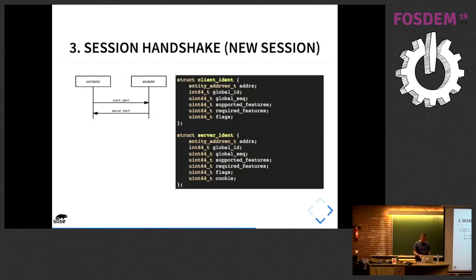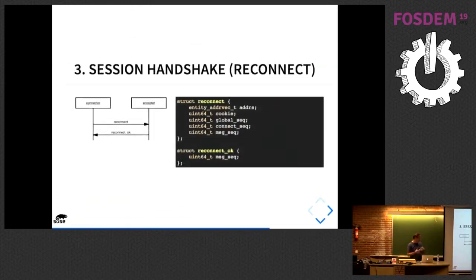And there's also the other case, which is when some peer is actually reconnecting. So imagine a case where there was a failure while the peers were communicating, and the client, the connector, can actually reconnect to the acceptor. And at this stage, instead of sending the whole information, it just sends, oh, I want to reconnect to a previously existing session.